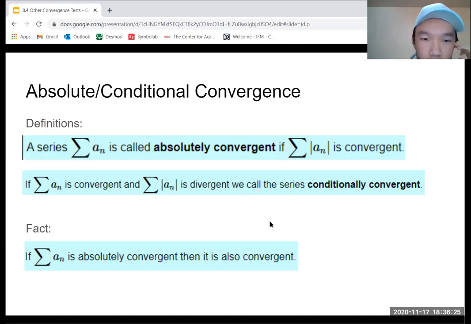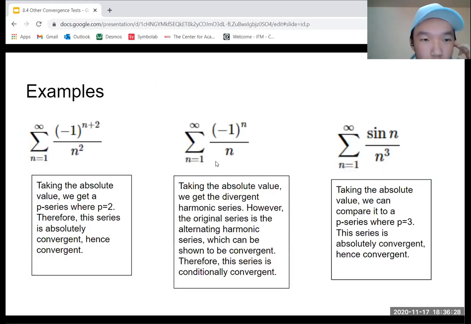So let's look at some examples. Okay, so here they are. We're not gonna do them, we're just gonna read what they have to say. So the first series here is an alternating series, right? -1 to the power of n plus 2 over n squared.